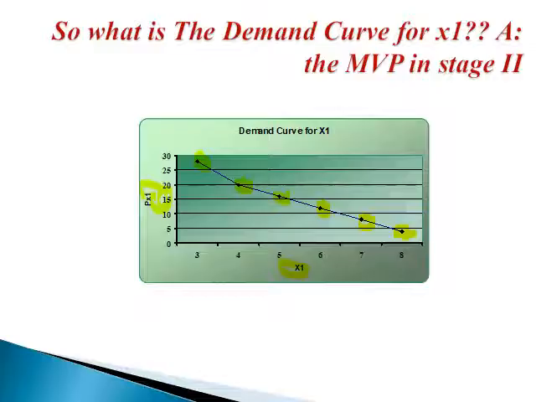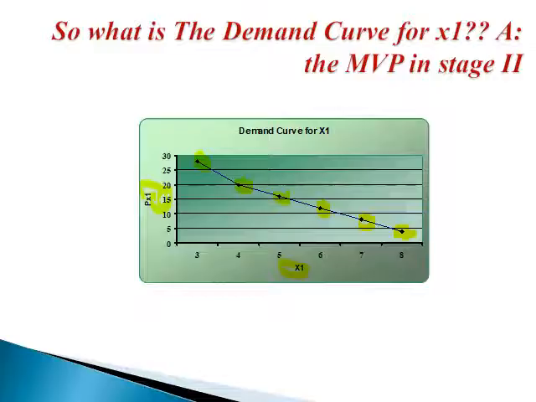But remember, the part of the VMP curve that we saw before in our graphs is the part of the VMP curve that lies in the second stage of production. MPP becomes 0 and then negative, and that part is not of importance to us in the demand curve. And also we know that we have a maximum VMP. Again, this is not of importance.